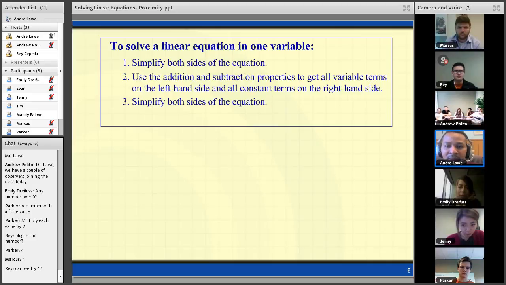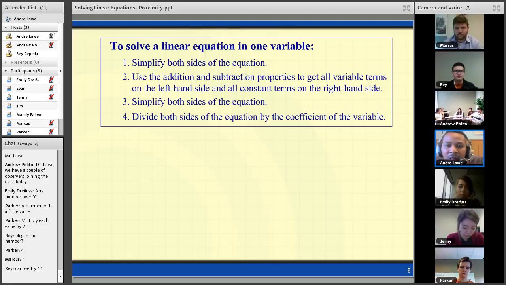Once we get them on separate sides, we want to simplify both sides of the equation. And we could do that by using the multiplication property, which is we could divide both sides of the equation by the coefficient of the variable. So this is a nice, neat, organized way to remember it step by step.